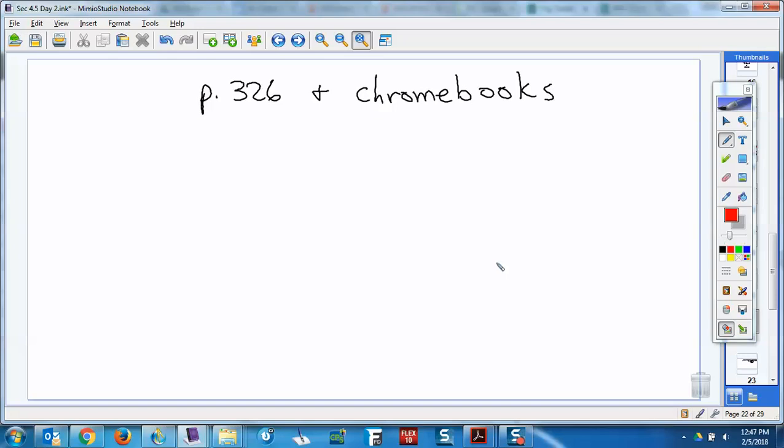Like on 19 through 26, if you look at that section there, describe the relationship between F and G. Consider amplitude, period, and shifts. So if we were doing number 20, you would say that G is a shift left pi units. That's all you got to do. Okay, 22.